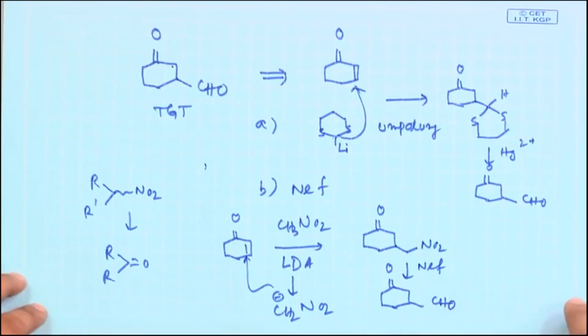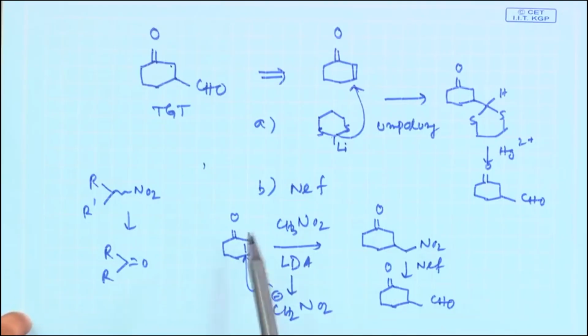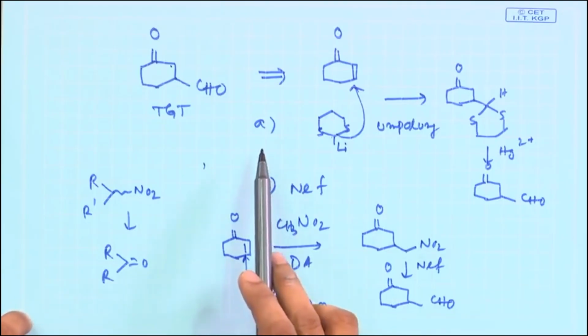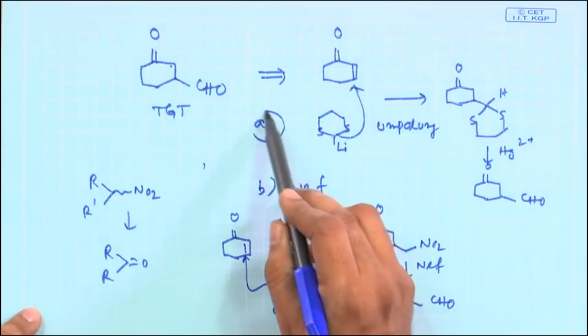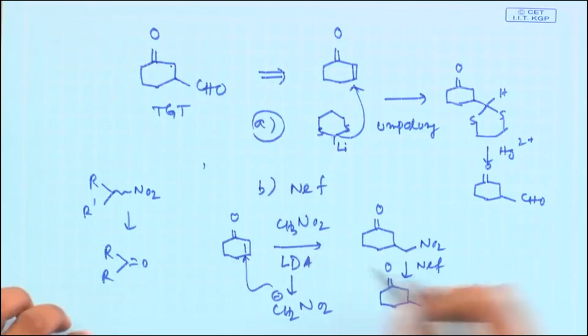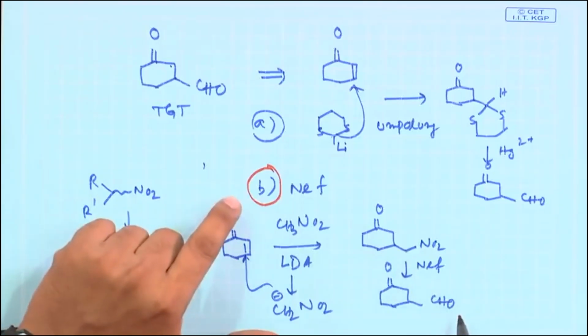So, this was the beauty of different strategically useful transformations. For a single target, you can choose different pathways, as evident from these two strategies. One is the umpolung based strategy, and another is a powerful transformation which is known as the Nef transformation.